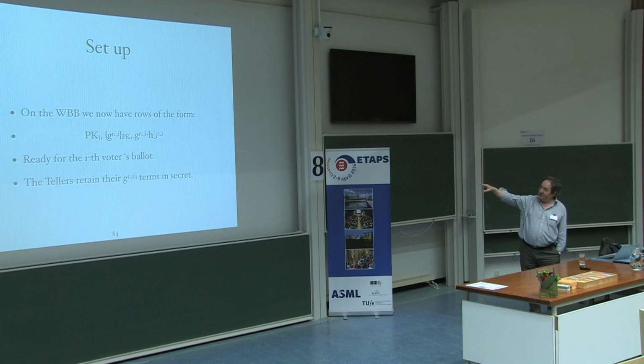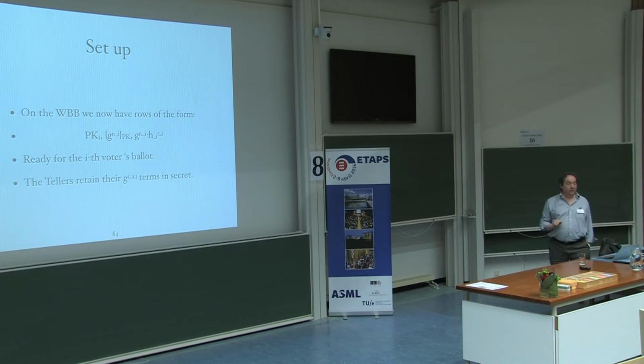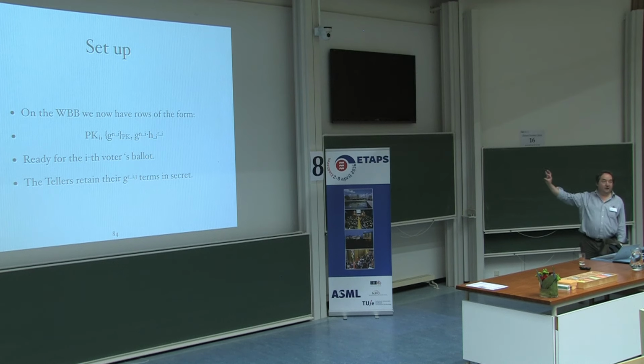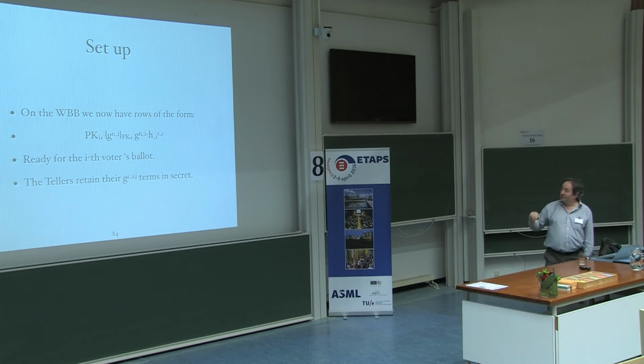So basically we end up with three terms of this form: the public key of the voter, the encryption of his tracker, or more precisely g to the tracker, and then this trapdoor commitment to the tracker. And it's all done in a way that guarantees this should be well formed, in the sense that, for example, the r_i in the encryption and the commitment should match. But again, I don't have time to go into the details of that.